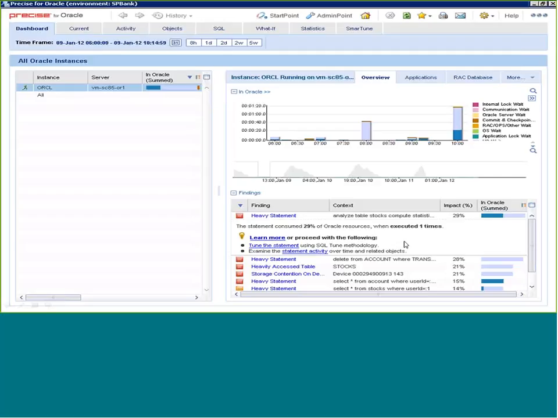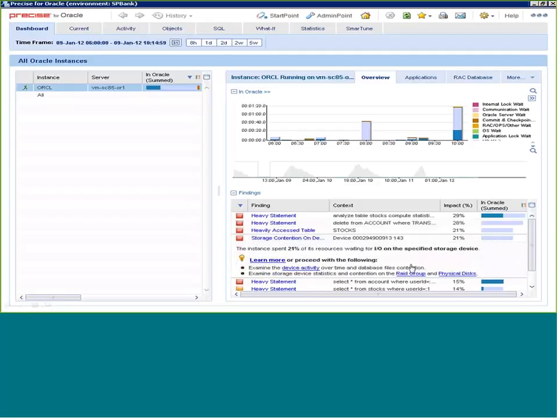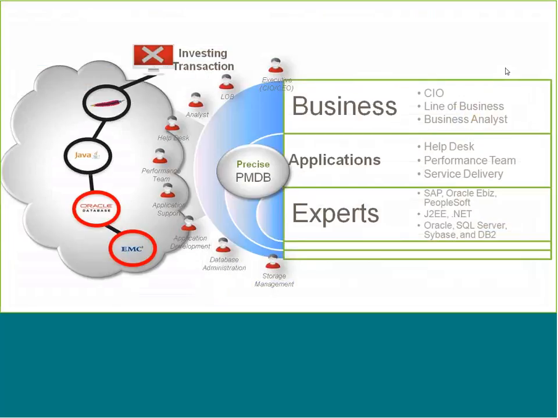It looks at all execution states, including CPU, as well as returning information from storage. So storage is a very important part of the application stack, especially with the advent of solid state. And so having information along those lines can be very helpful. And so for certain storage units, we can actually drill down and show what's happening at the individual device level. And so that type of information.